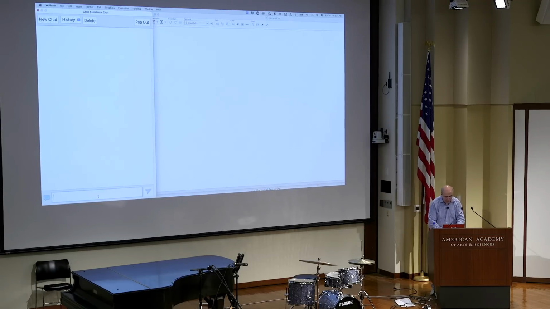Let's try, I don't know, compute an eigenfunction for an ellipse. Let's see what happens here. I think this may be a disaster, but no, it's not looking good. Not looking good at all.